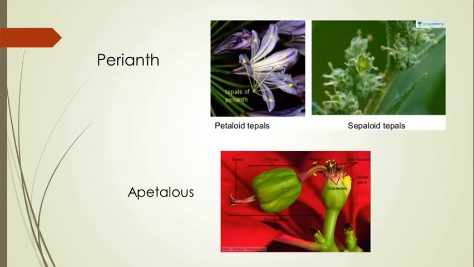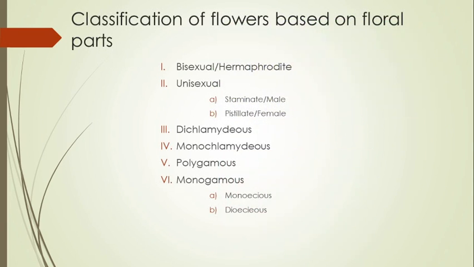So a perianth will be present in such flowers, and such flowers are called monochlamydious. So monochlamydious means that the flower will have a perianth. And in cases where both the sepals and petals are absent, such flowers are called achlamydious.